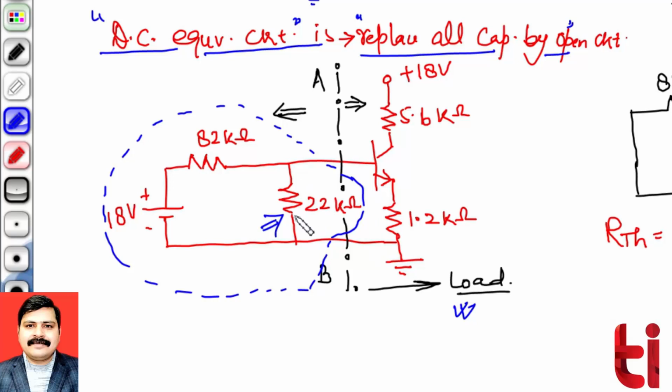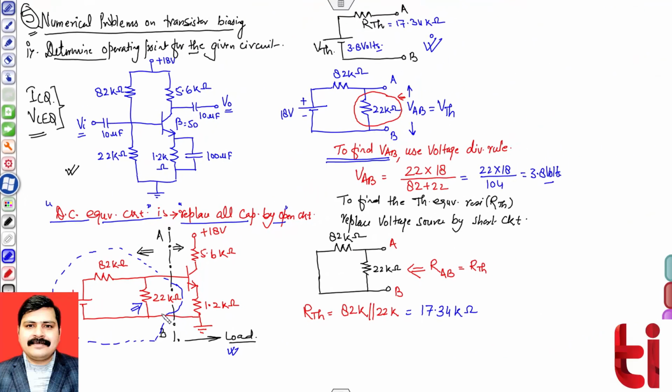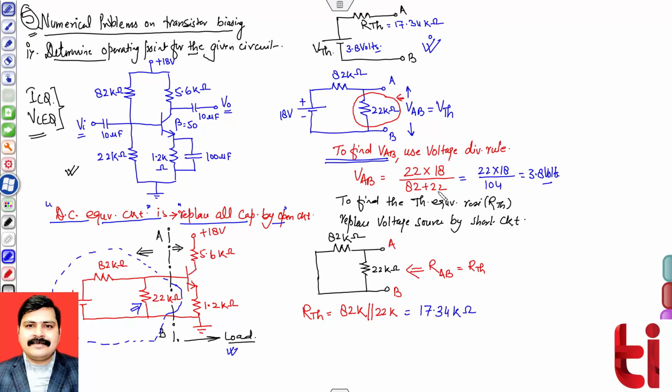This is my open circuit voltage, and that will be the same as my Thevenin equivalent voltage. So VAB is 22 multiplied by 18 divided by 82 plus 22. My answer is 3.8 volt. So my Thevenin equivalent voltage source VTH is 3.8 volt.